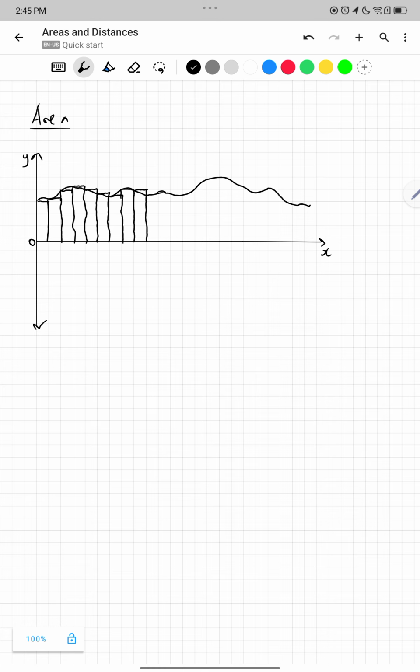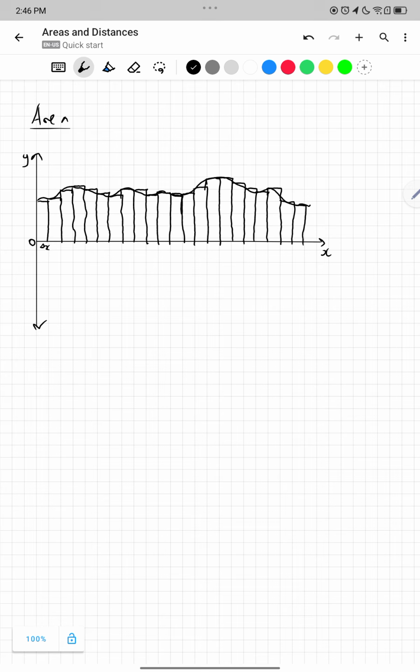Basically, we'll be approximating. So we have these rectangles, all with the same width, which is, let's say, delta x.